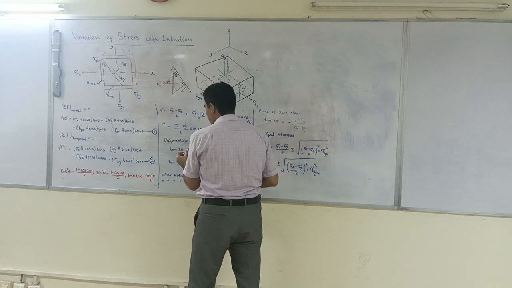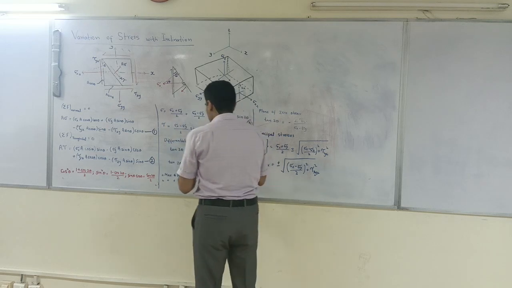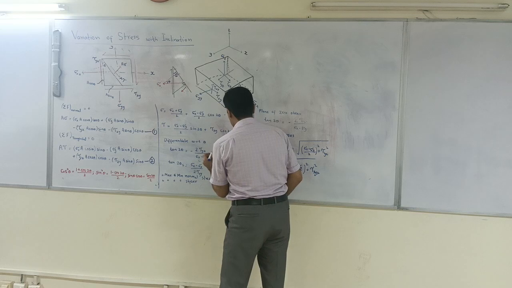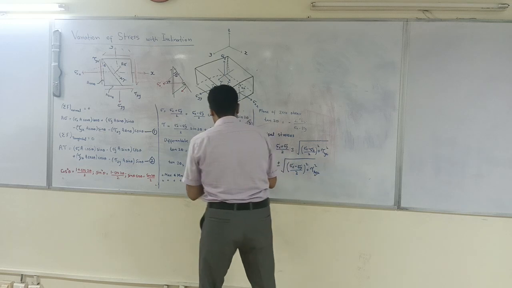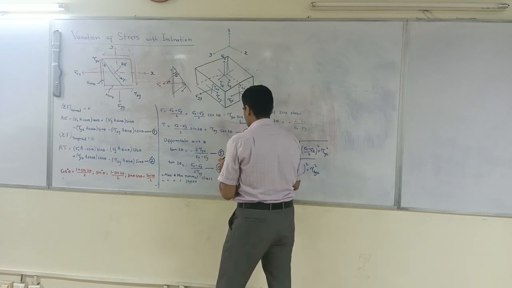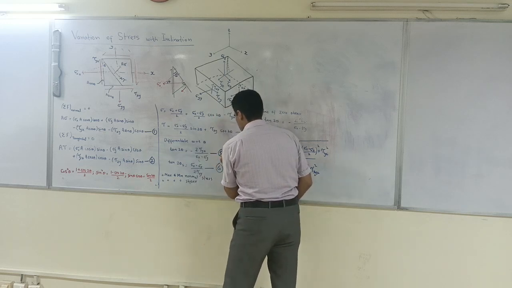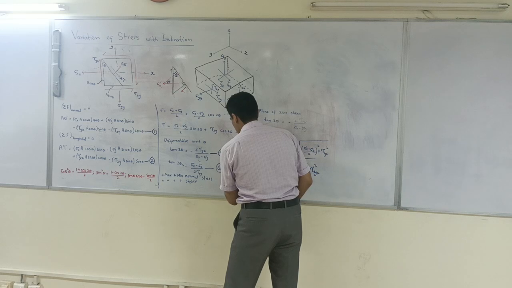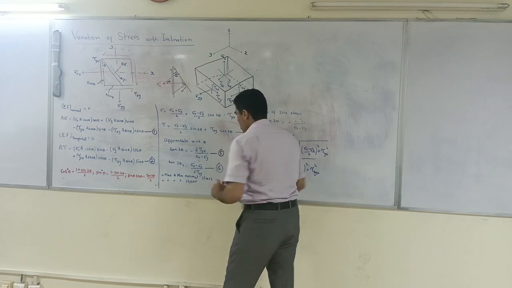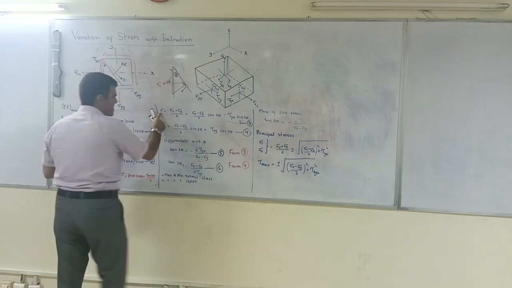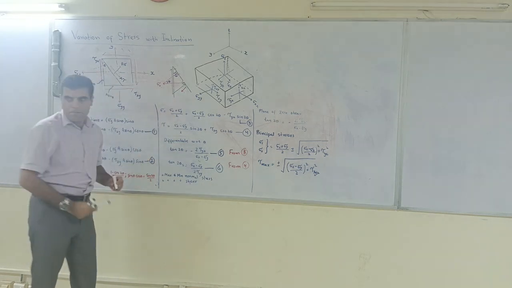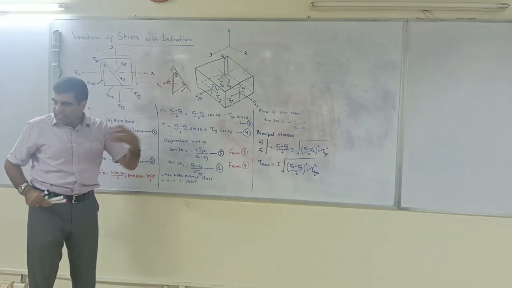Once we differentiate that, this we get from 3, and this we get from 4. So you differentiate this one with respect to theta and equate that to 0.